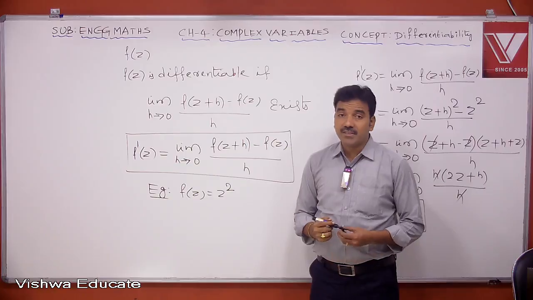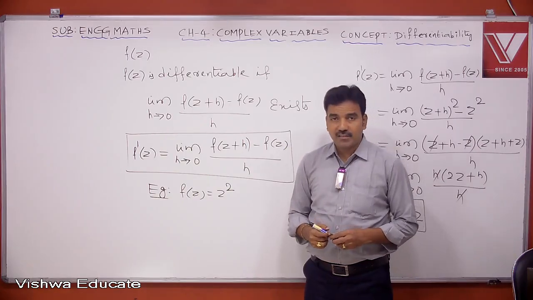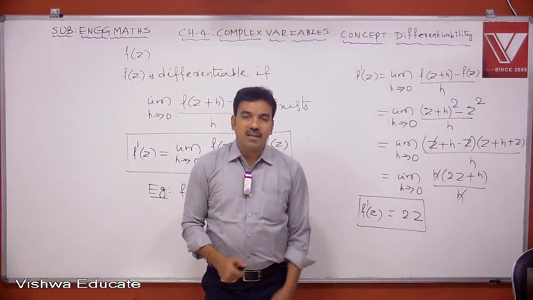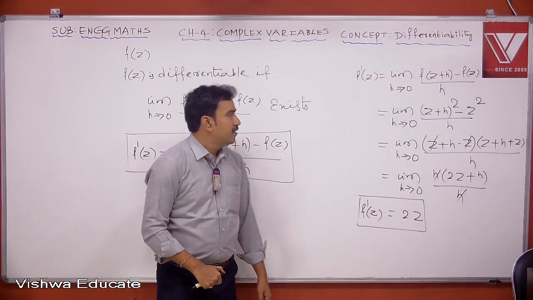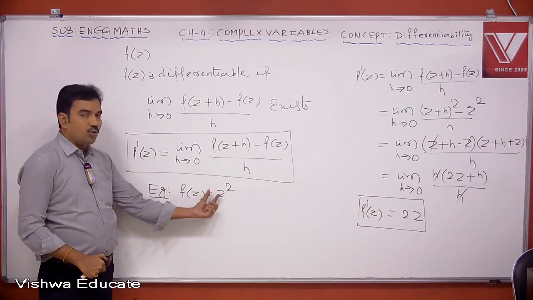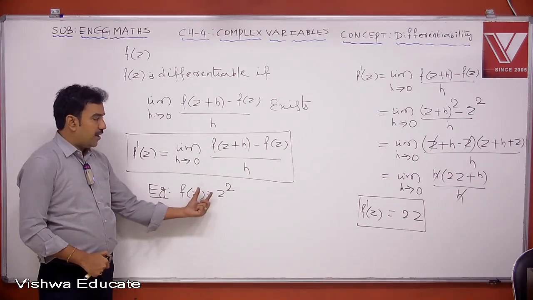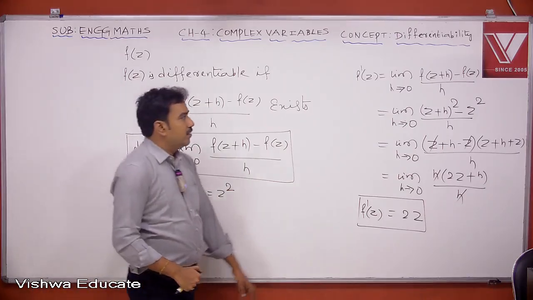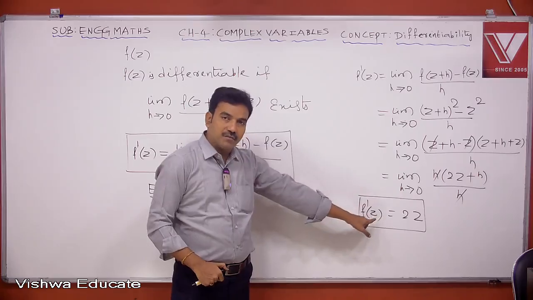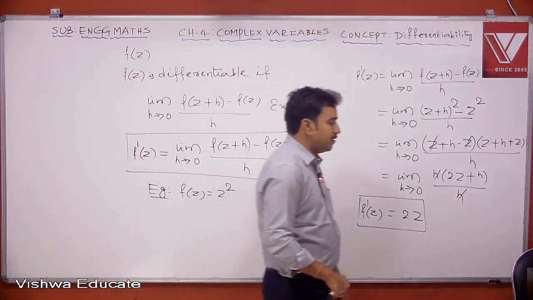And this limit is denoted by f dash of z. Example, f of z equal to z square. Therefore, f dash of z equal to 2z.